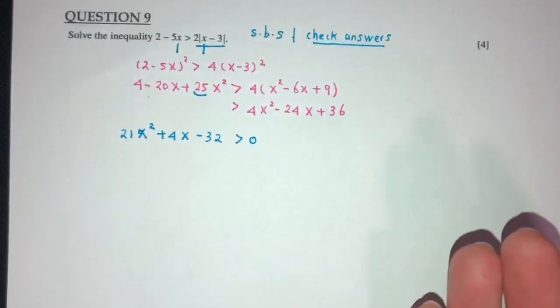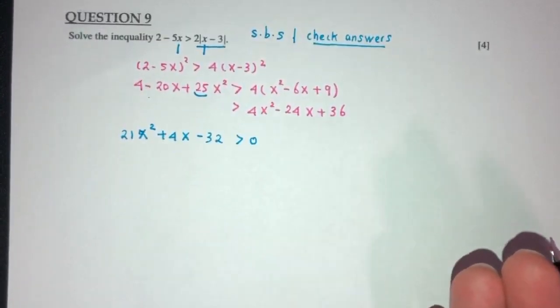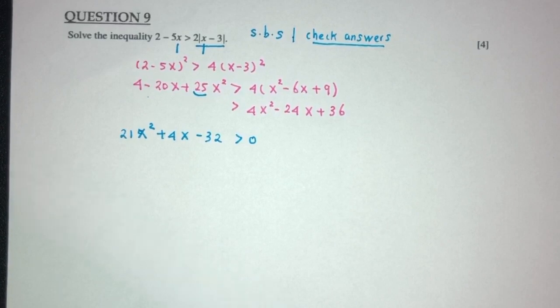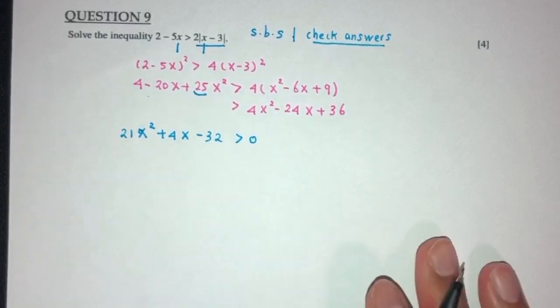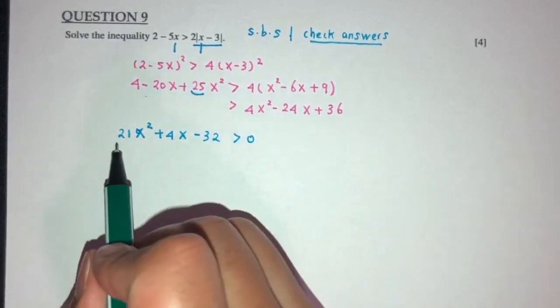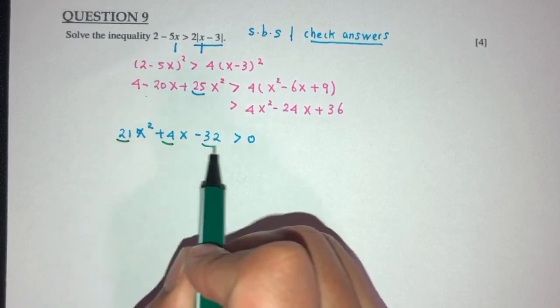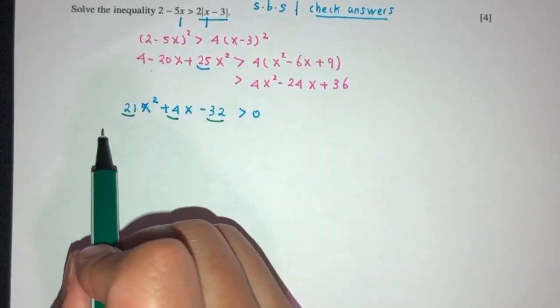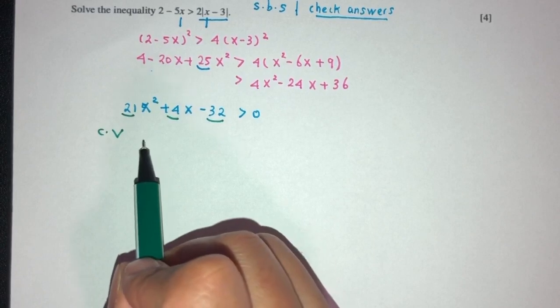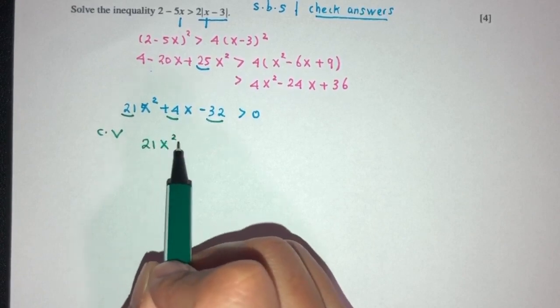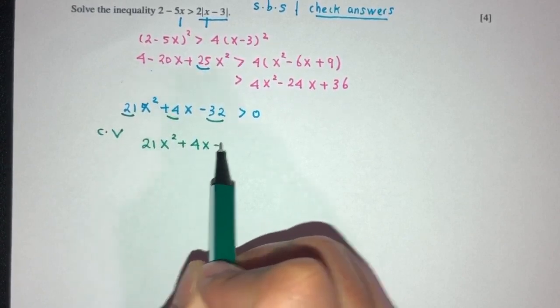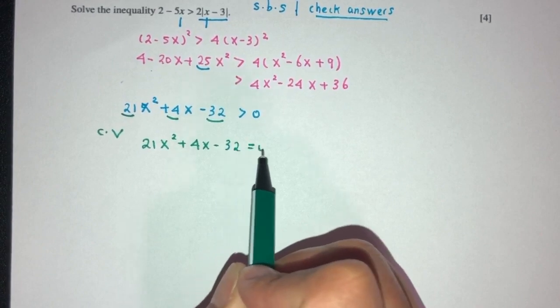Now as you can see, this one seems to be quite complicated to factorize. We have 21, 32, 4. So in that case, don't waste your time. Just use the formula to find the values of x, because we know the next step is to find the critical values of x, which is to take the same equation, equate it to 0 and solve for the values of x.